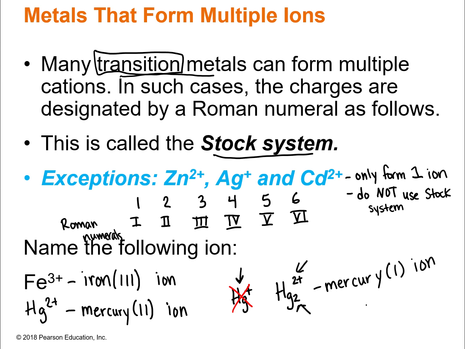You have 2 mercury 1 ions coming together to form this particular compound. So are we ready to move on?